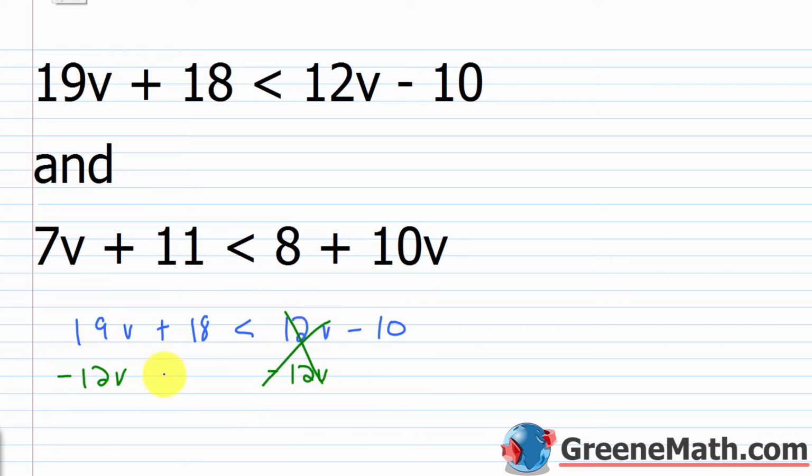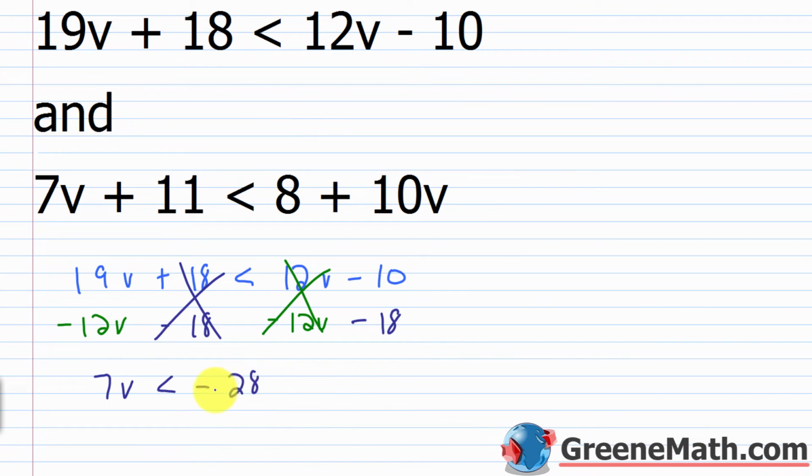That's going to cancel. I'm going to subtract 18 away from each side. That'll cancel. 19v minus 12v is going to give me 7v. And this is less than. Negative 10 minus 18 is negative 28. Divide each side by 7. And we'll get that v is less than negative 4. So this is v is less than negative 4.